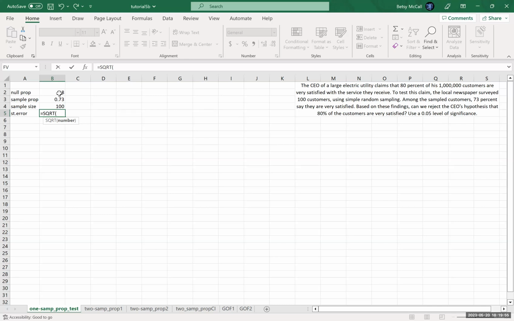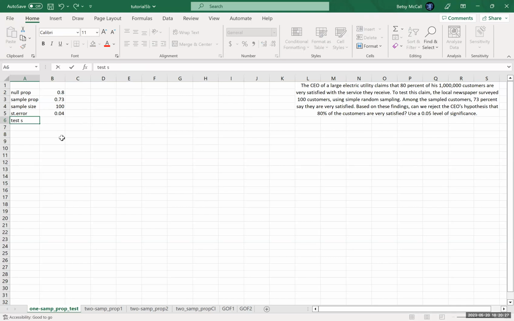So it's one of the ways in which a confidence interval for proportions and a hypothesis test for proportions are alike, but also just a little bit different. And sometimes if you use confidence intervals to test a hypothesis, you can actually get slightly different answers if they're on the borderline. But this is going to be P times 1 minus P divided by my sample size. That's my standard error.